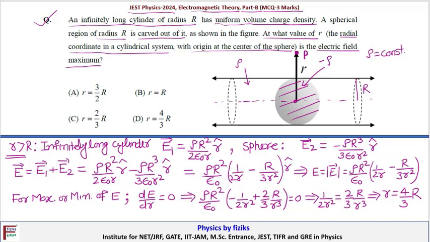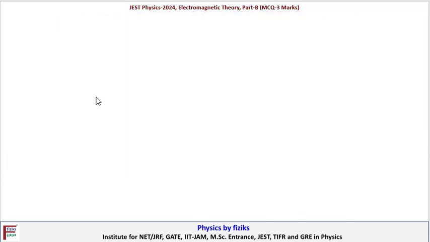Now we will check whether at this point the electric field will be maxima or minima. So let's check it. We will calculate the second derivative, d2E by dr2.